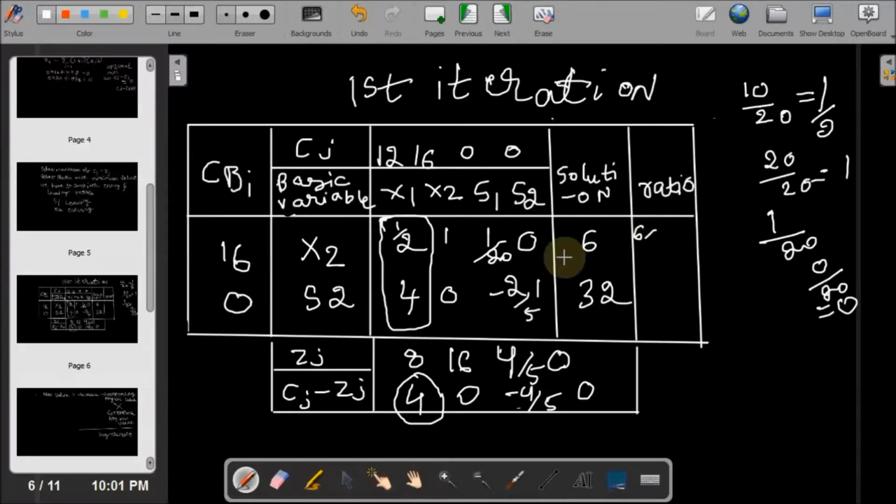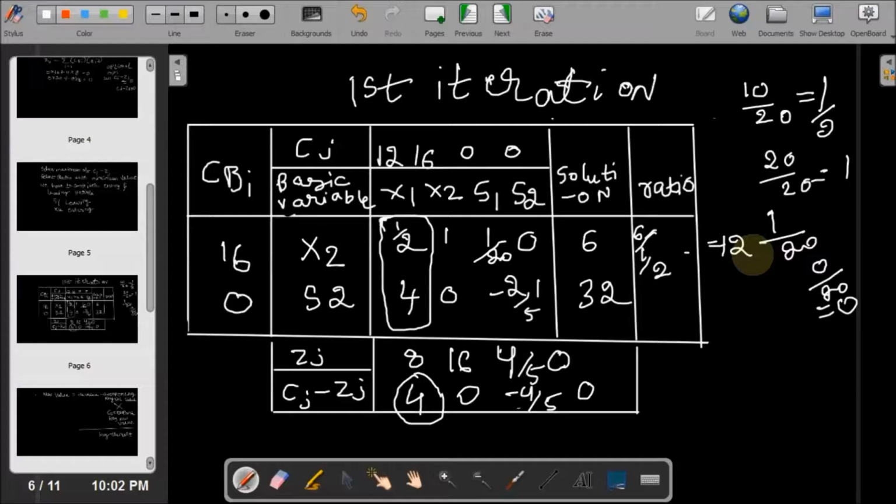Because you can see that the column value is 1 by 2, so I am dividing it. 6 divided by 1 by 2, so that ratio value is 12.